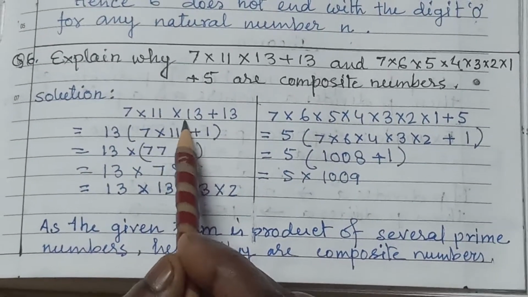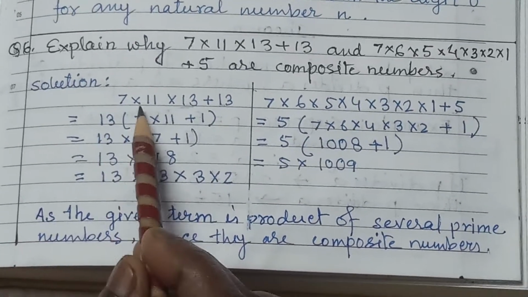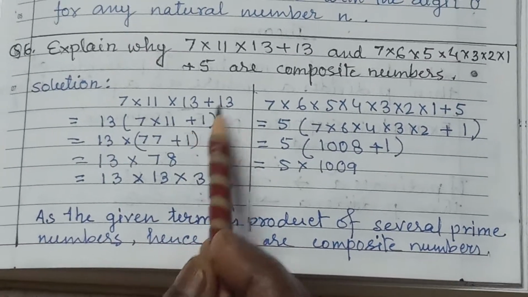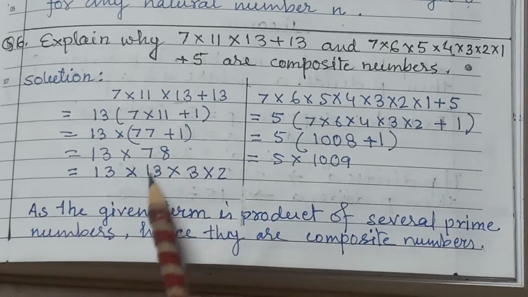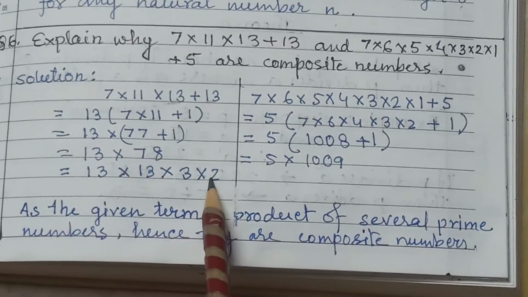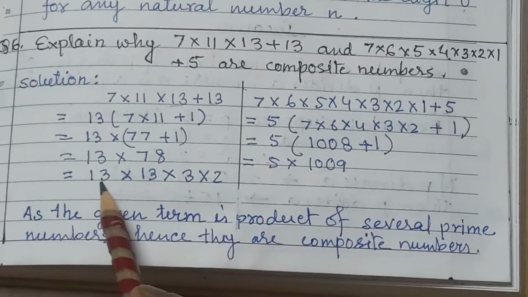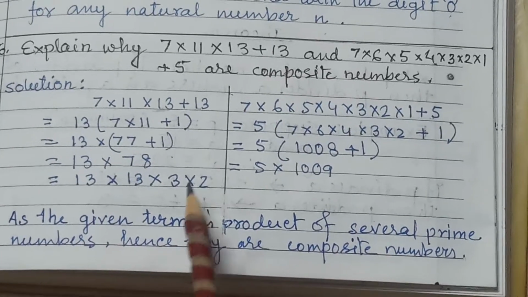Now we can take 13 as a common factor: 13 into 7 into 11 plus 1. So it is 77 plus 1, 78. Factorize 78: 13 into 3 into 6. So it is a product of prime numbers, so it must be a composite number.